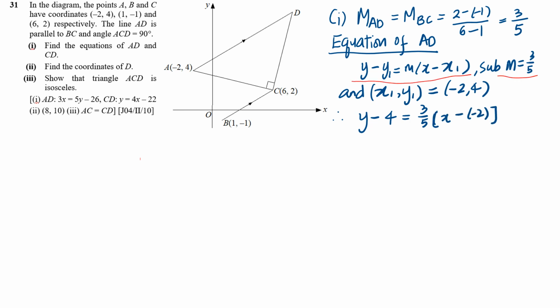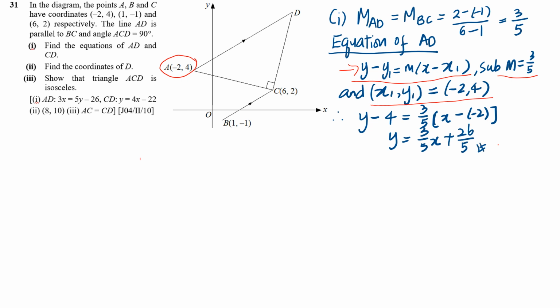You sub in the gradient, 3/5, and then you have to sub in one point, x1, y1. The particular point must lie on the line AD. If you look at the line AD, there's only one point that happens to be on the line AD, and that's the only one you can use. So you substitute into this formula and simplify it, and you will get the equation of AD.